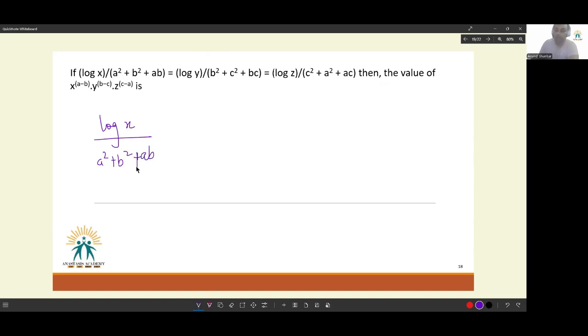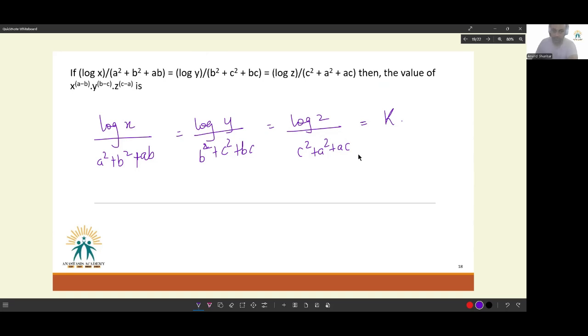You must have solved enough questions by now to see this expansion comes from the a cube minus b cube world. Okay, is equal to log y by b square plus c square plus bc, which is equal to log z by c square plus a square plus ac is equal to k.